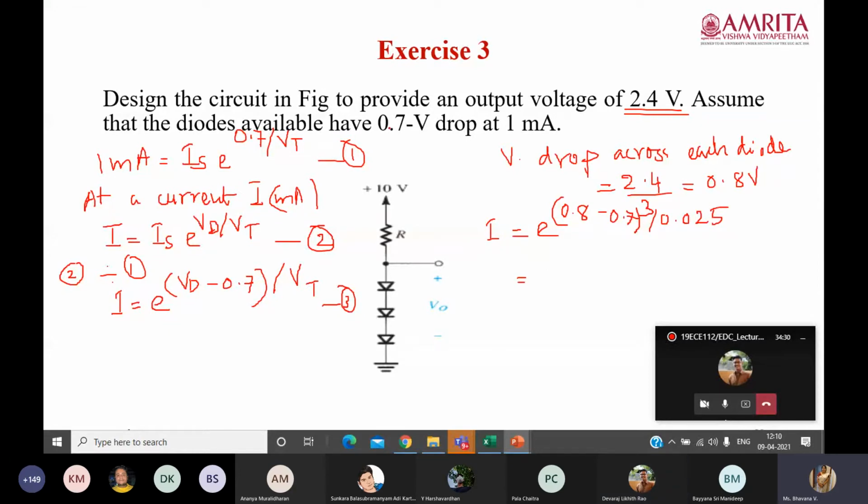The 0.7 drop given is only applicable for I equal to 1 milliampere. But in the question there are 3 diodes with a total voltage of 2.4 volt, so we need to find the current flowing through each diode. Each diode has a drop of 0.8 volt. So calculate and tell me.